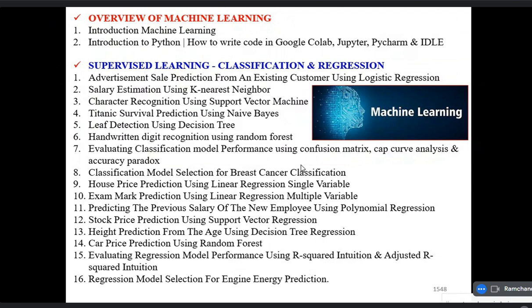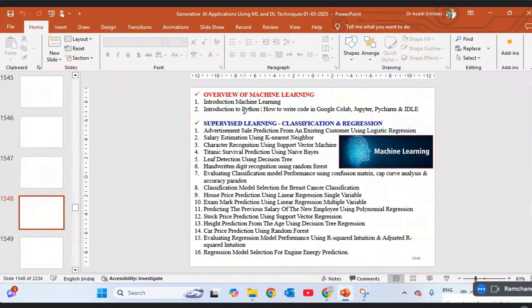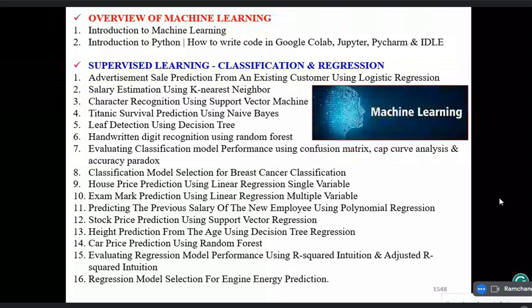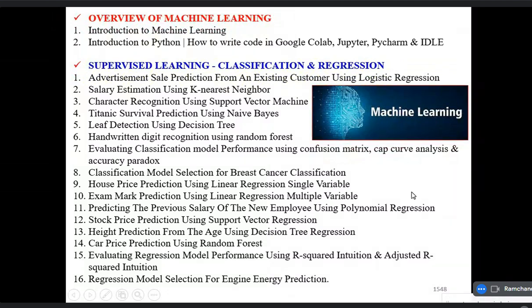So in that overview of machine learning, what are we solving? Introduction to machine learning, introduction to Python. Once Python is ready, then how to write code in Google Colab, Jupyter, PyCharm, and integrated development environments. So under supervised learning, classification and regression come under.